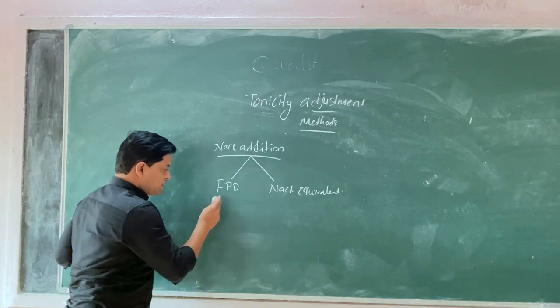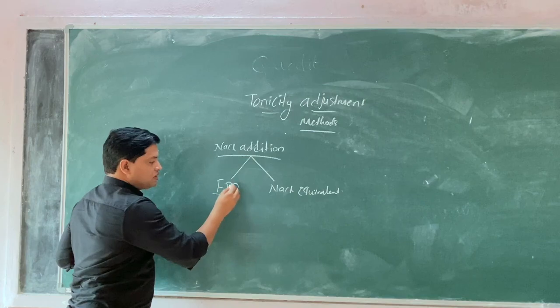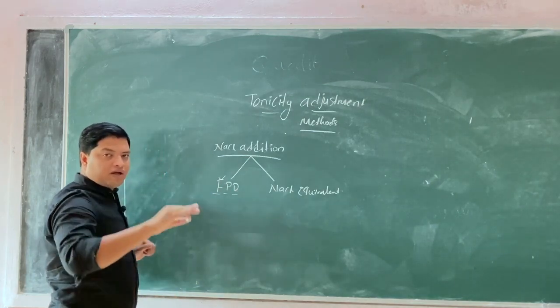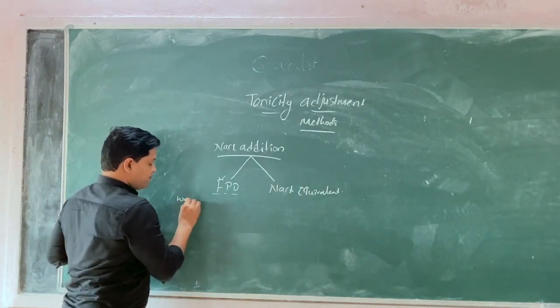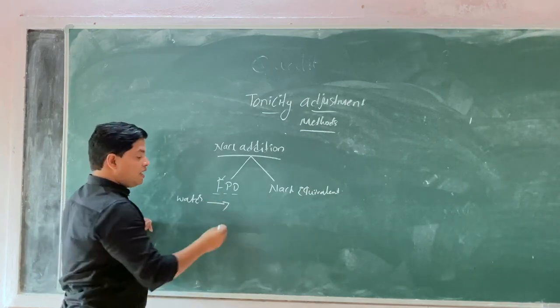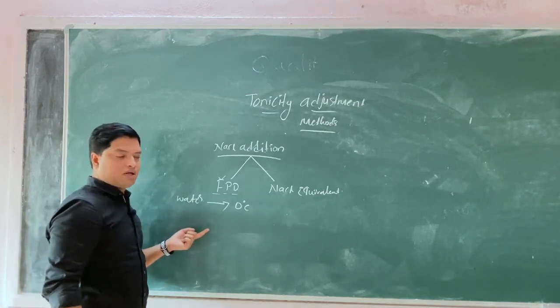As the name says, freeze point depression, the freezing point is going to be depressed. We have some limits for the freezing point. For example, take plain water. This plain water is going to freeze at 0 degrees centigrade. This is the freezing point of plain water.